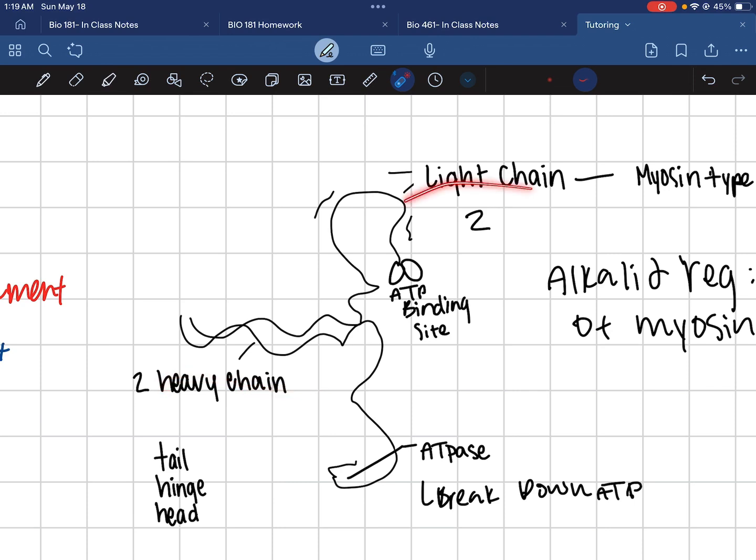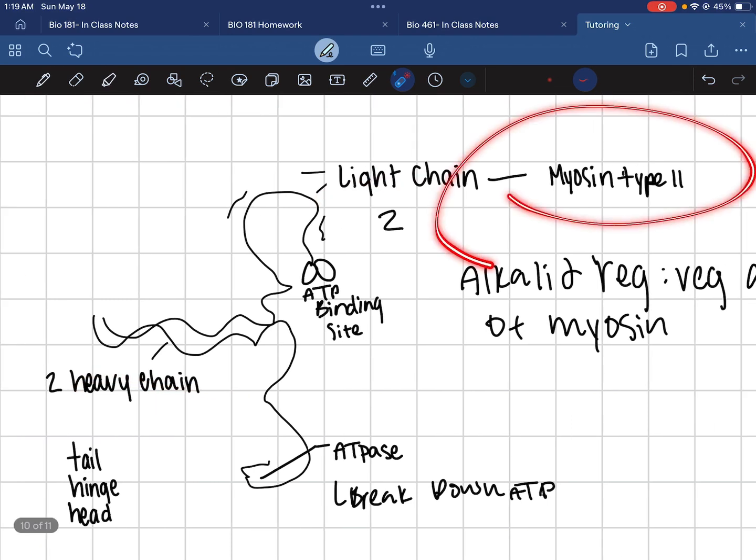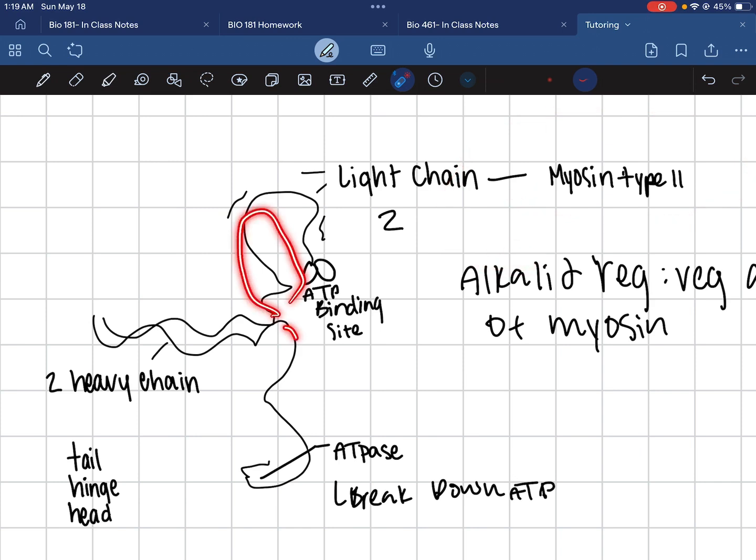2 heavy chains, 2 light chains. It's a myosin type 2. We have the neck region right here. These are the tails, and then this is the hinge region. This is the binding sites.